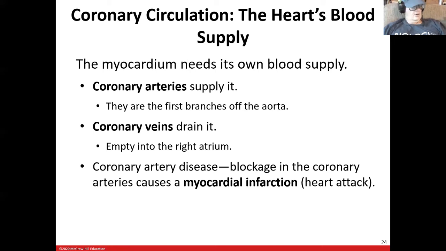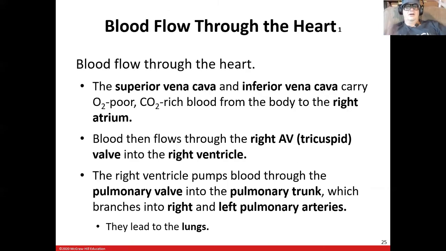Basically, if the heart is not getting enough oxygen, it can go into a heart attack. And so blockages in these coronary arteries are stopping the blood from going where it needs to and delivering the oxygen. All right.